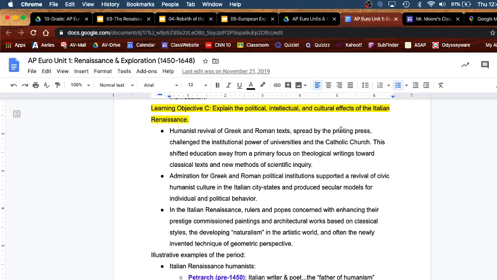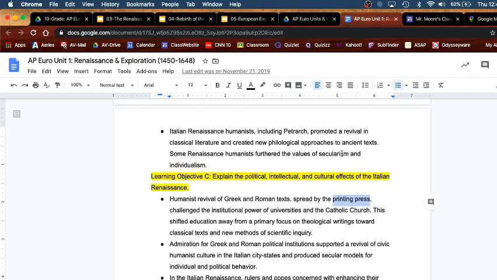So the printing press is going to change everything, and that's really one of the dominant reasons why this class picks up in 1450. And this starts to change people's ideas. Once the printing press makes more literature available, people start to diverge away from, remember, we just talked about this, secularism.